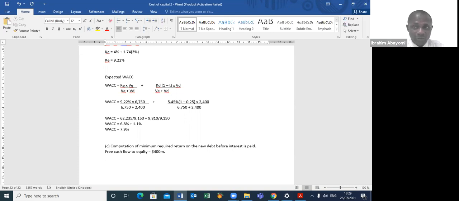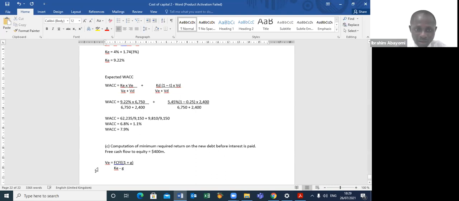You can have a situation where free cash flow is constant, or a situation where free cash flow is growing. If I want to use free cash flow to compute my market value of equity, where free cash flow is growing, market value of equity is equal to free cash flow to equity times (1 plus growth rate), all over cost of equity minus growth rate.